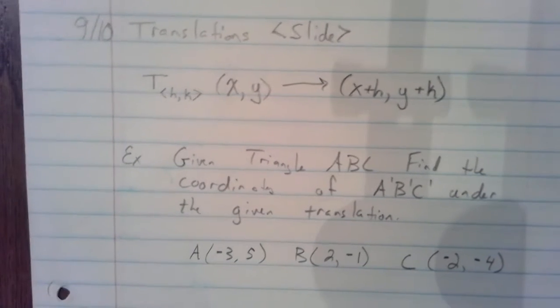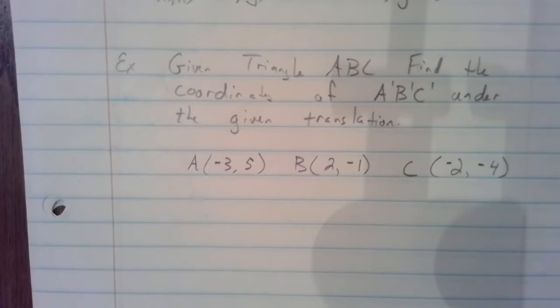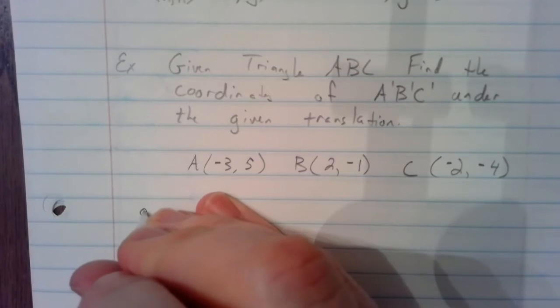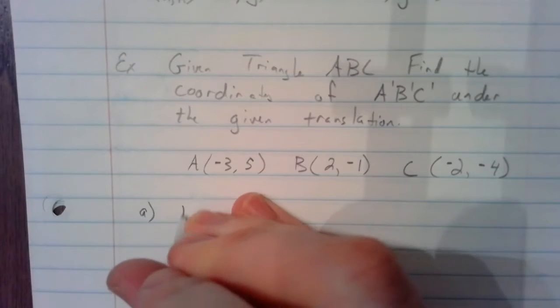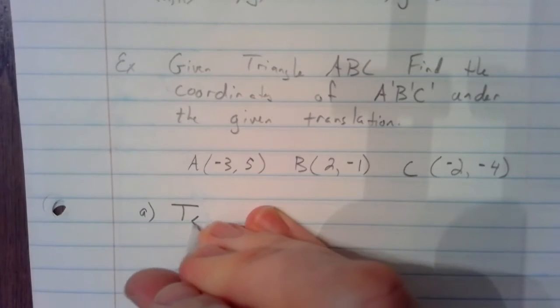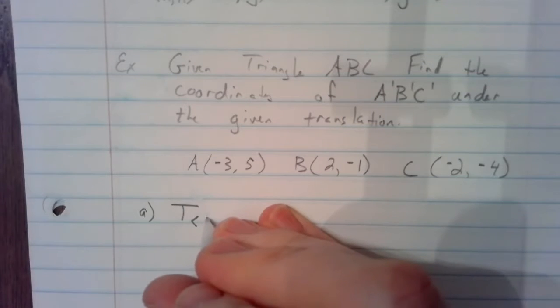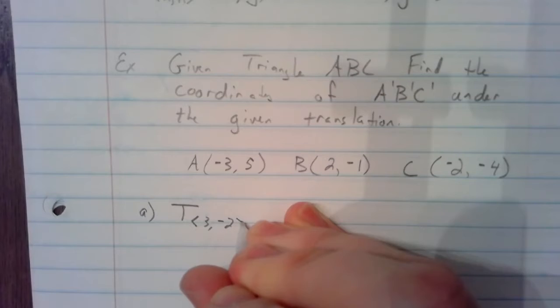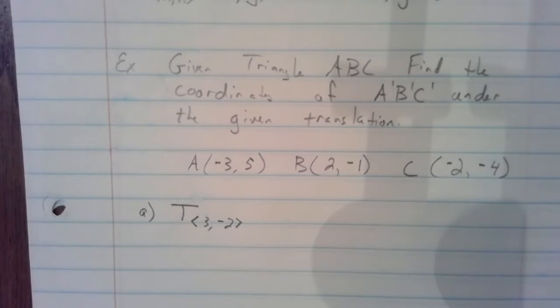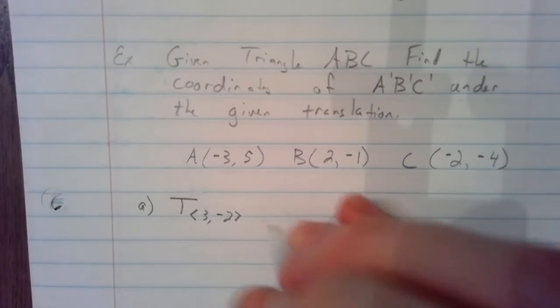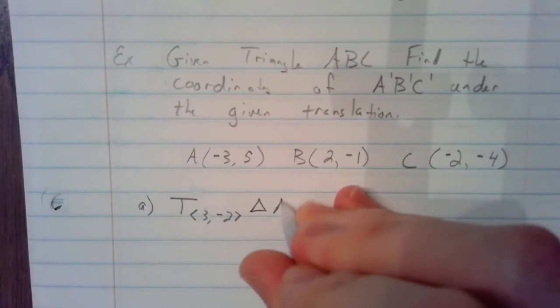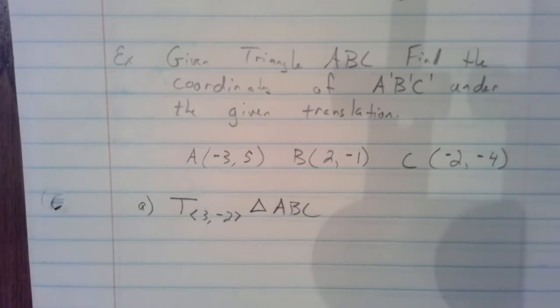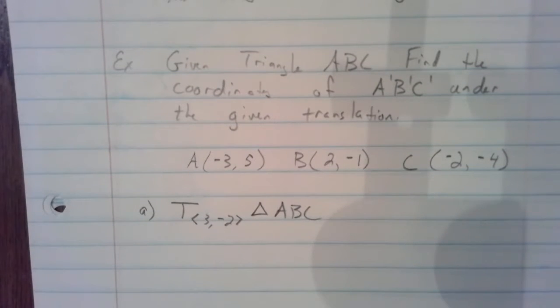Okay, so for the first one here, we'll do a transformation with the vector 3, -2. Now we don't have to plot these points to figure out what it's going to be, right?